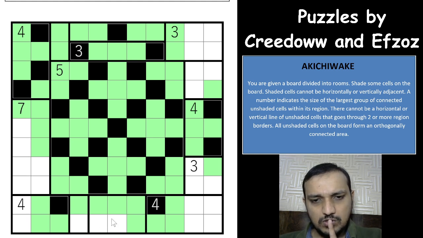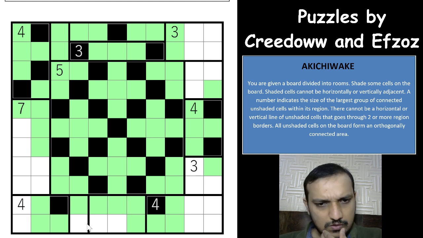One of these would have to be shaded, it can be either this way or this way. Let us see. You have this group of 4 cells.